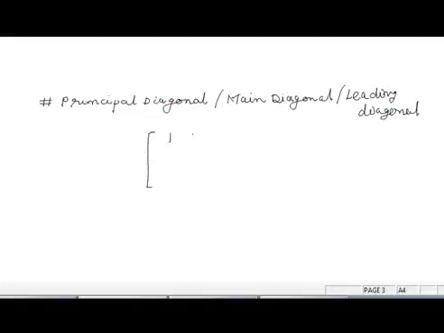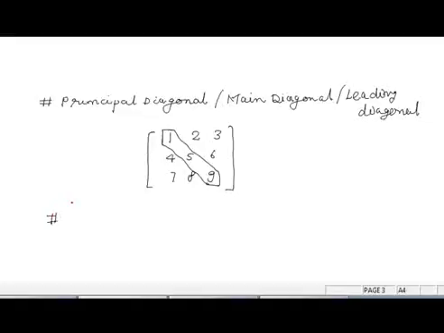Considering the previous example again, the elements from the top left to the bottom right are called the principal diagonal of the square matrix.